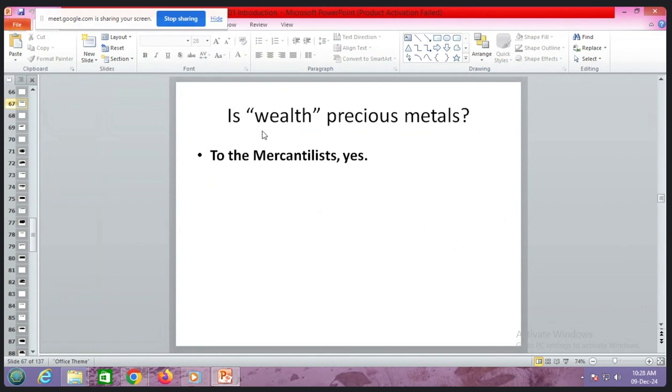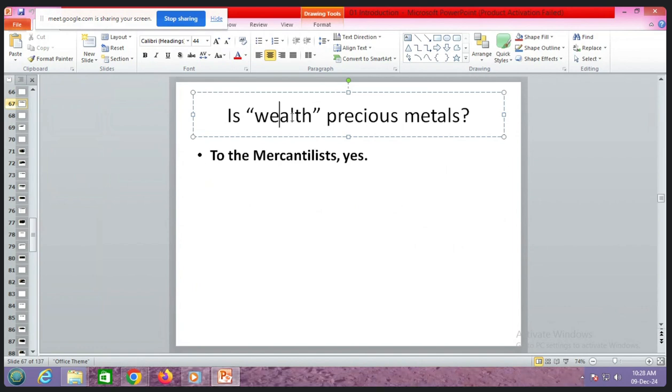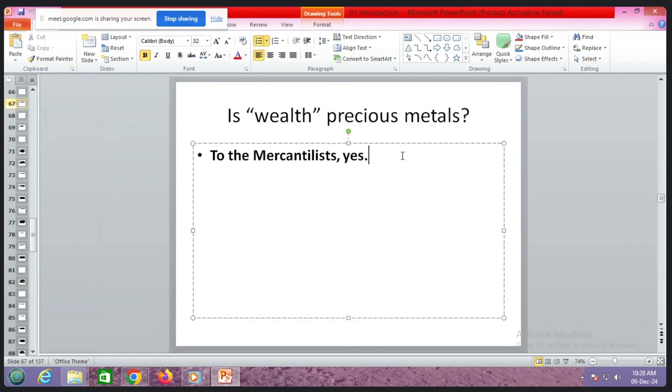So the last aspect about mercantilism is, is the wealth of a nation only in terms of precious metals? In the 17th century, when the mercantilist views came into existence, the answer is yes. The answer is no in the present times, but in the 17th century, when this theory prevailed, it is yes.